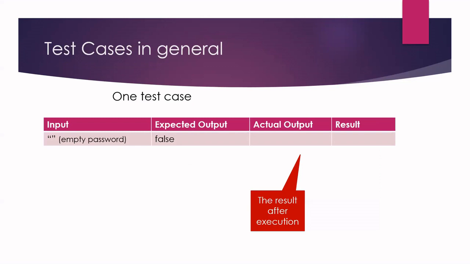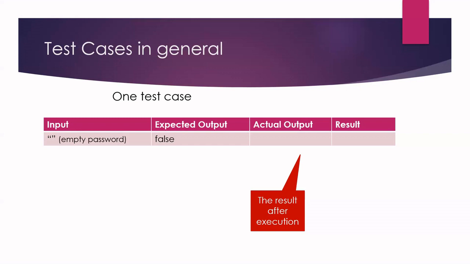Now here's one test case. It consists of an input and an expected output. When we execute the code with this input, there will be an actual output, and the comparison between the two gives us the result. Here's an example input: an empty password. When we send the empty password to the length-check function, it should return false.